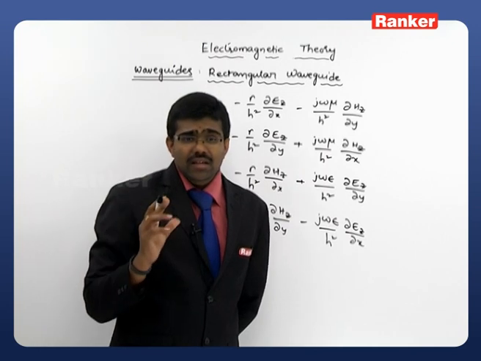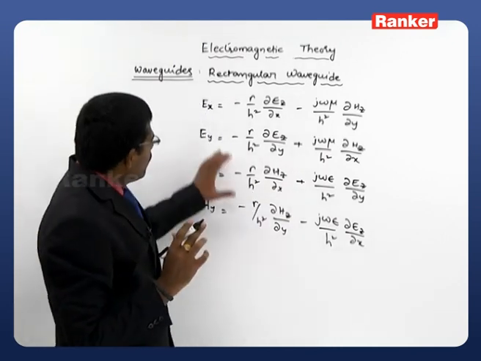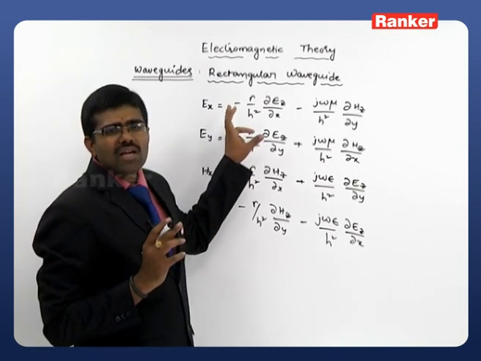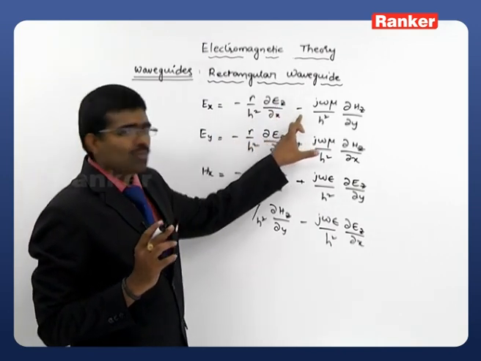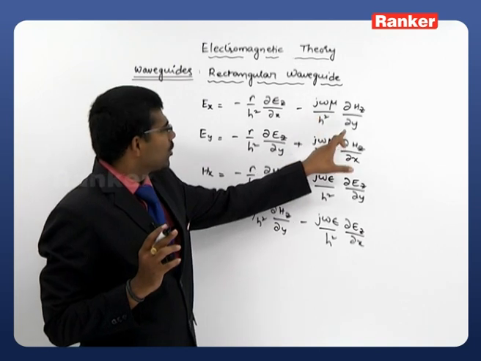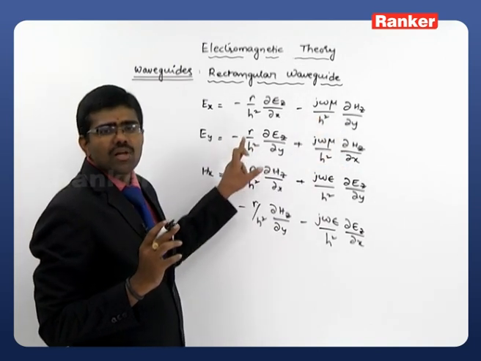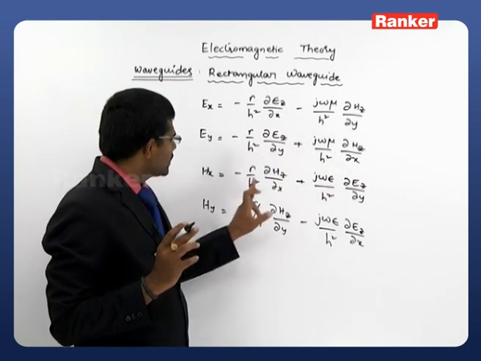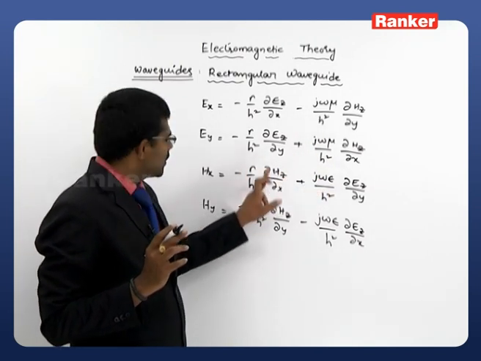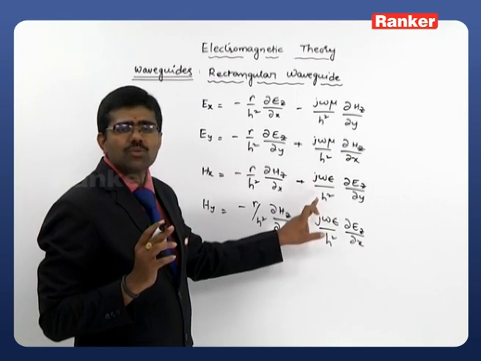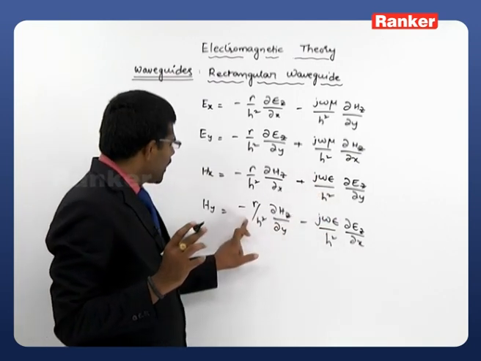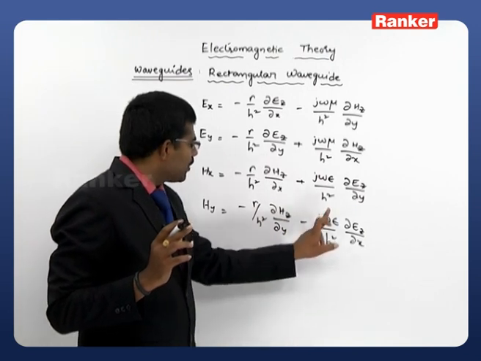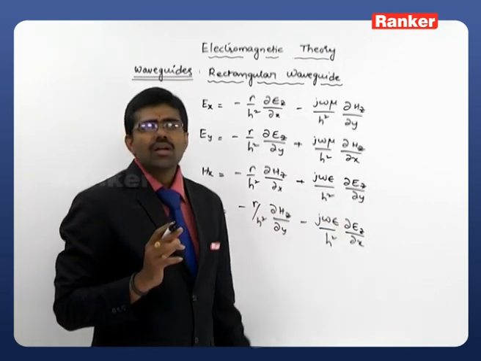Once again recollect them. If there is any wrong interpretation or a little error, just correct it. Minus gamma by h square dou Ez by dou x minus j omega mu by h square dou Hz by dou y; minus gamma by h square dou Ez by dou y plus j omega mu by h square dou Hz by dou x; minus gamma by h square dou Hz by dou x plus j omega epsilon by h square dou Ez by dou y; minus gamma by h square dou Hz by dou y minus j omega epsilon by h square dou Ez by dou x.